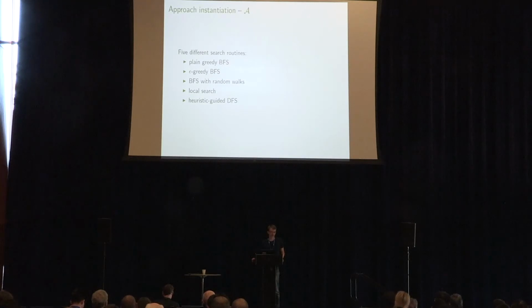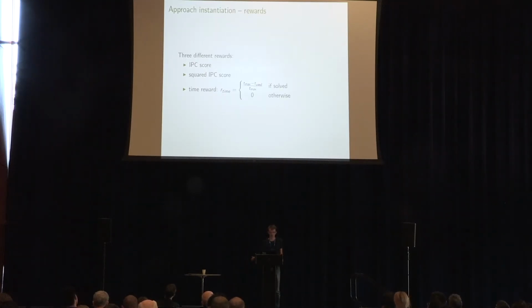Another is local search, starting a local search from the best state in the queue and then continuing it for as long as the action is applied. And the final one is heuristic guided depth first search. So that's depth first search with the tiny twist that since we are computing the value of the heuristic anyway to insert the state in the open list, we also use it to order successors of any given state for the purpose of depth first.